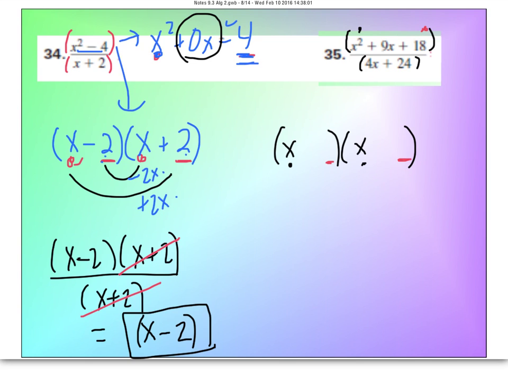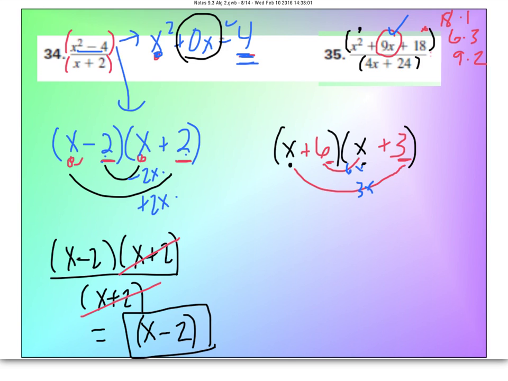To get 18 would be 18 and 1, 6 and 3, 9 and 2. We need to find the combination that when we multiply and add together, we get 9x. So the two numbers that multiply to positive 18 would be plus 6 times positive 3. And when you test this out, you get a 6x and a 3x, which add to 9x, so that's properly done.